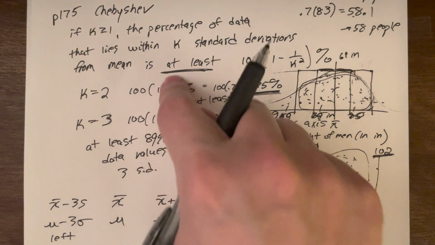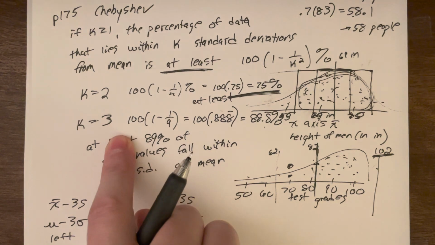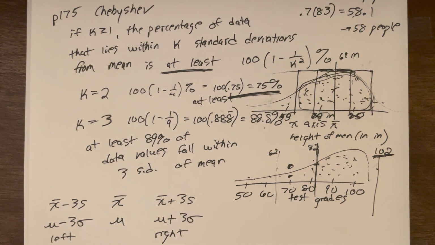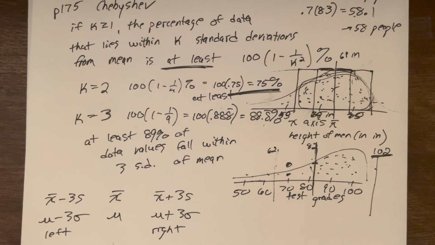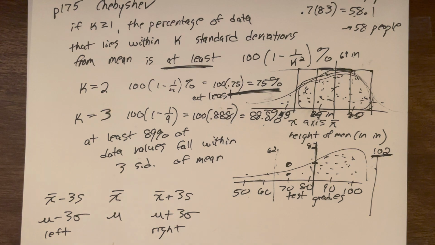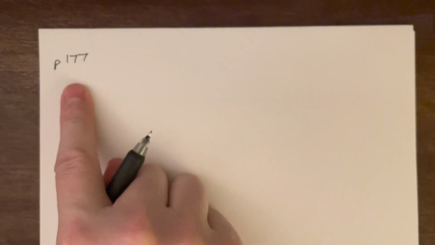But this is the point. It's just that simple. If you have this value, if you have that value. But empirical rule, that's the one we can use and we can get a little more out of. So that's the one we're going to focus a little more on. Empirical rule comes up on page 177 in our book.